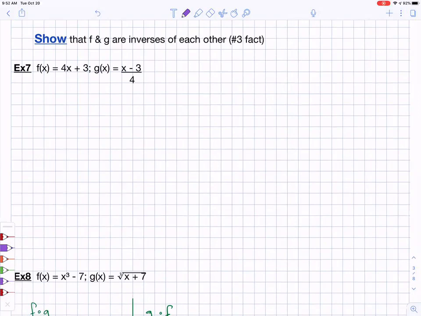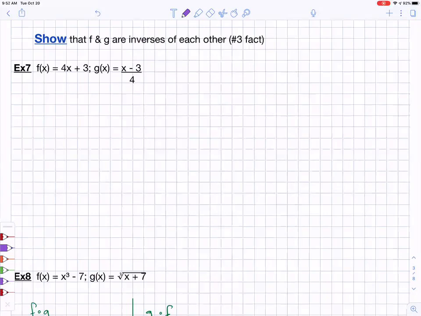And it says that you should be using fact number 3. So what does fact number 3 say? If two functions are inverses of each other, then the composite of f of g and g of f is x. You had this on your very first test, but I didn't tell you it had anything to do with inverses.